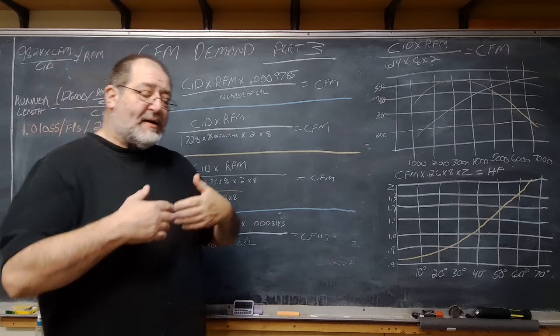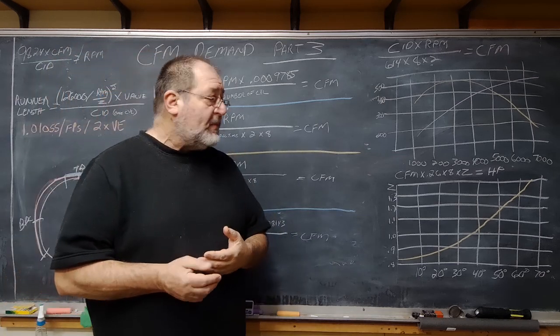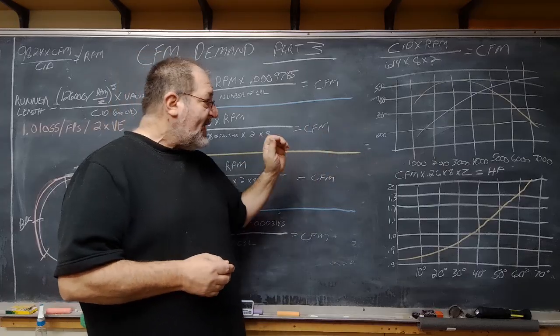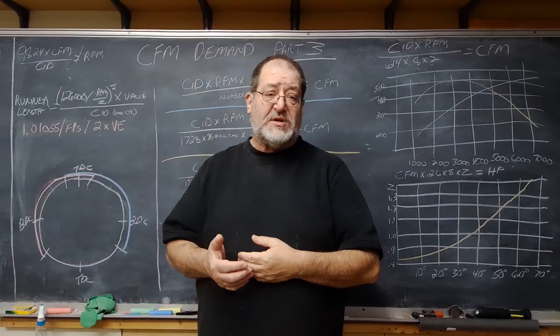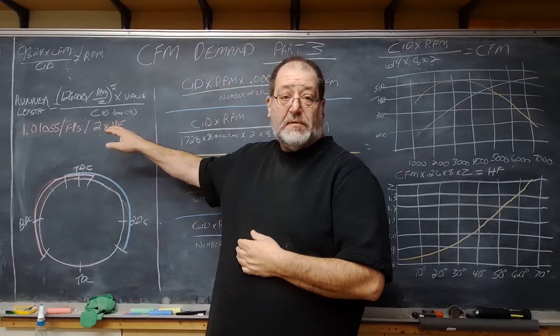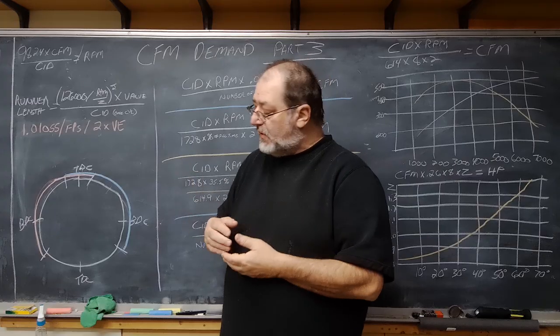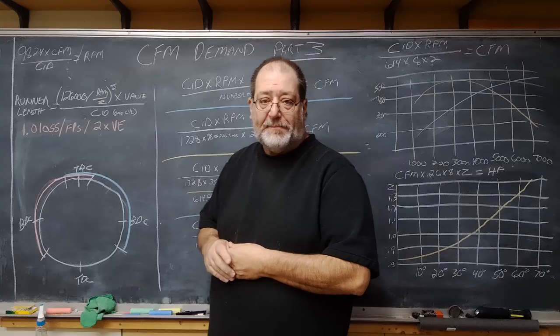You know, I've got a 427 and I want to go to 8,500 RPM. What do I need in flow? Where do I got to be? That's what this formula is about. And that's not about volumetric efficiency, which is what I said in volume 2 of this particular series. It's not about that. That's about time.